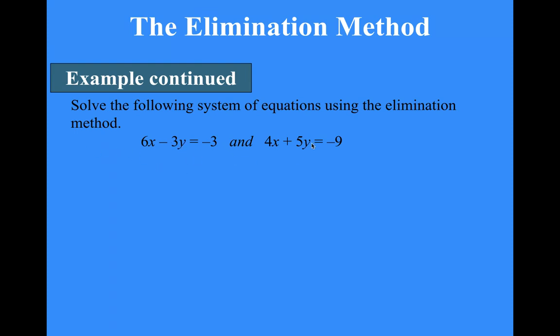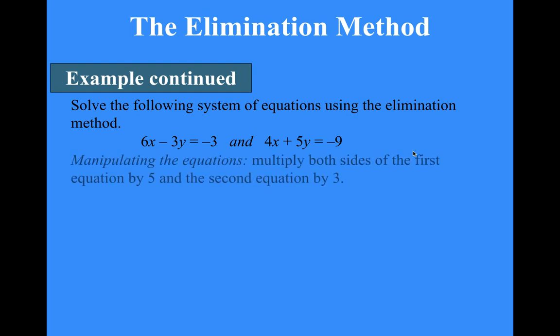Common multiple of 3 and 5 is, good, 15. So I'm going to manipulate the first equation by distributing a 5 throughout, and I'm going to manipulate the second equation by distributing a 3 throughout. So multiply both sides of the first equation by 5 and both sides of the second equation by 3.